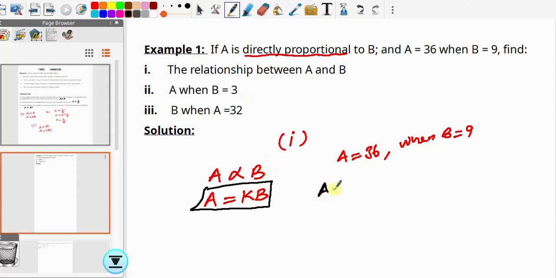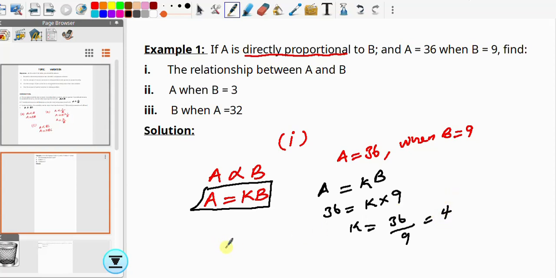A equals K times B. What is our A? A is 36. It will be equal to K multiplied by B, which is 9, right? So K will be equal, when you divide both sides by 9, to 36 divided by 9, which is equal to 4, right?